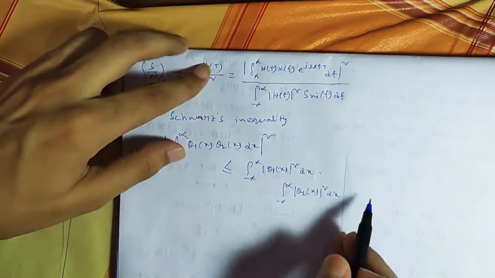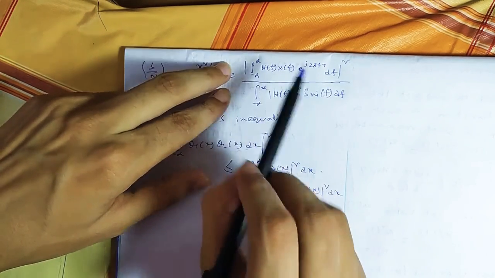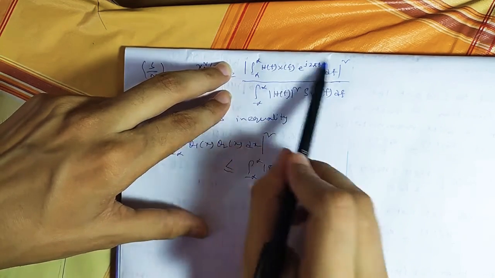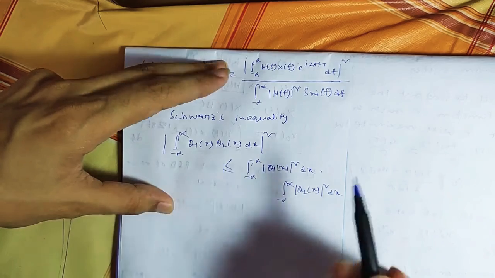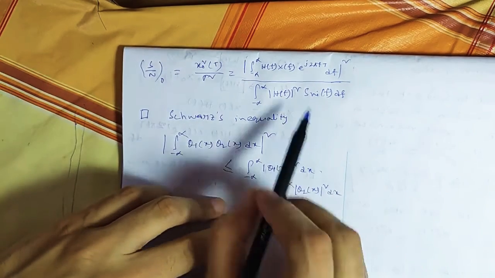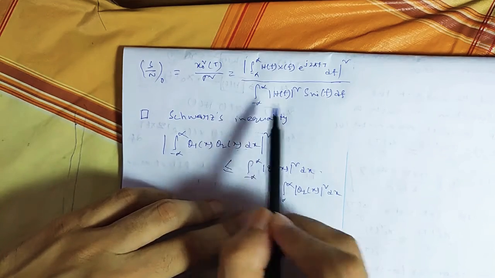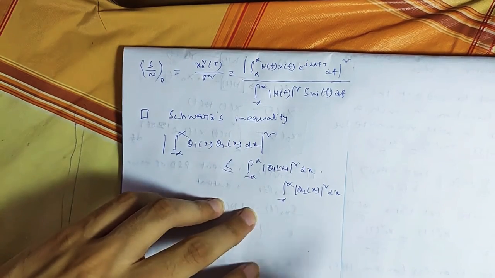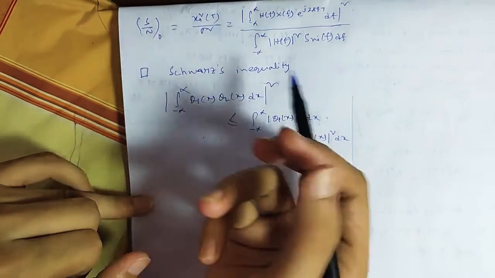See here we have the expression, square of the absolute value of this term, and we'll use Schwarz inequality in such a way so that we can eliminate this term. And we can express signal to noise ratio in a simpler form.